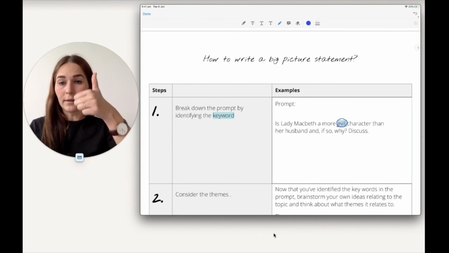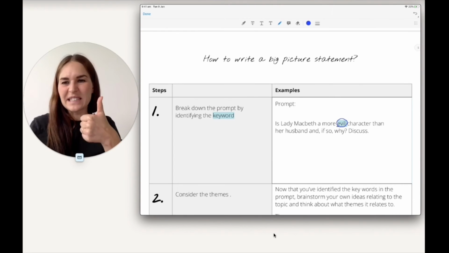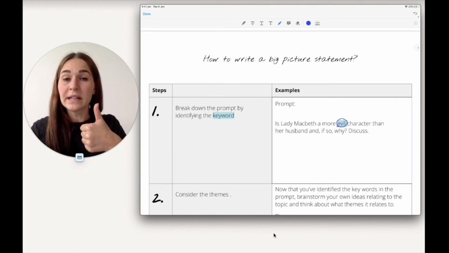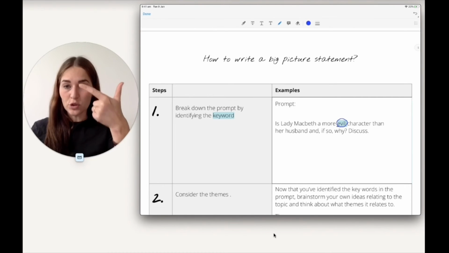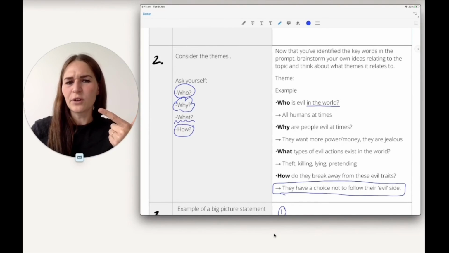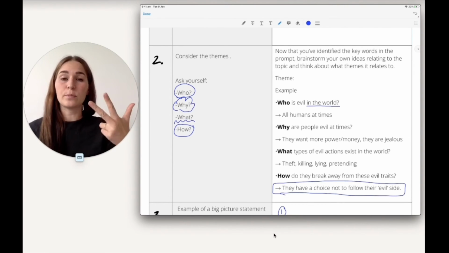Step 1, break down the keyword, highlight the keyword. The keyword is evil. So we need to think about what it means to be evil. Step 2, ask yourself questions. Who is evil? Why are people evil? What types of evil actions exist in the world? And how can we stop being evil?